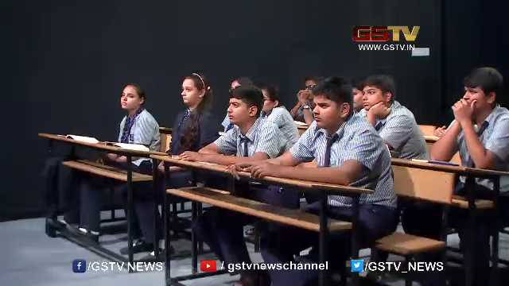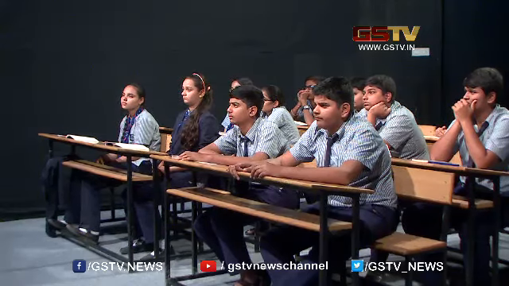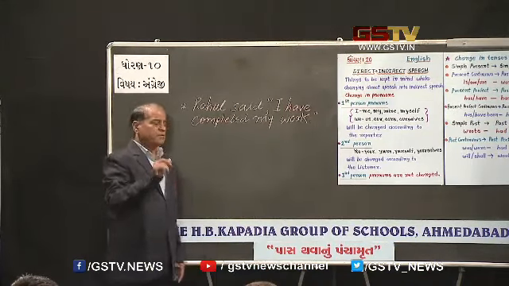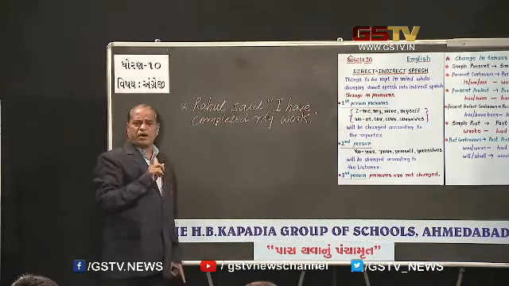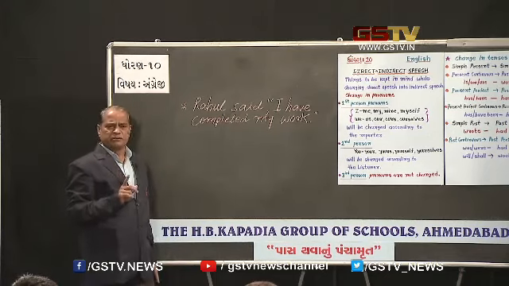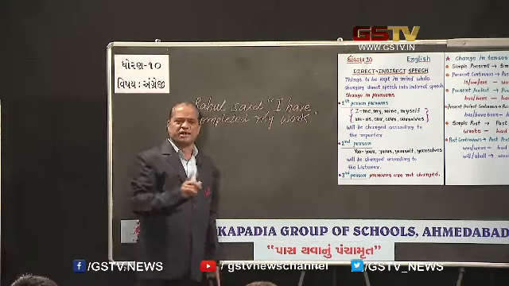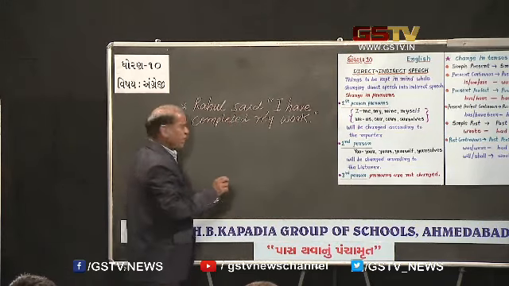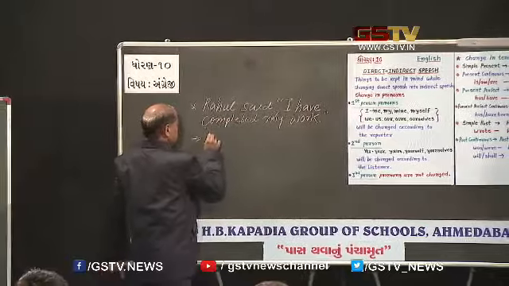After that, I would like to give you some examples. Here Rahul is the reporter, but there is no listener. So we do not have to convert said into told. We have to write like this.